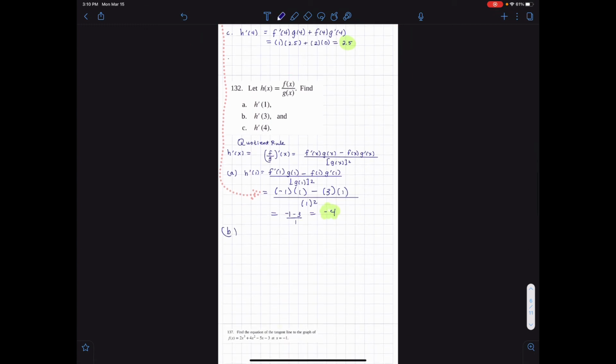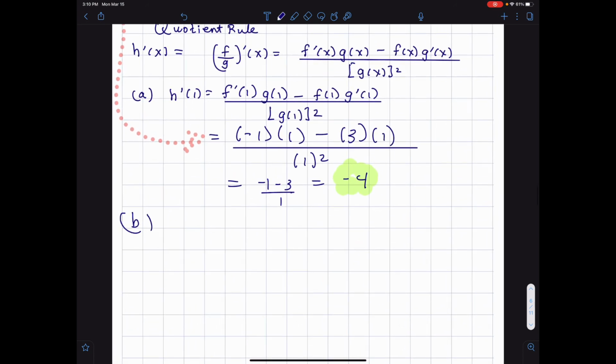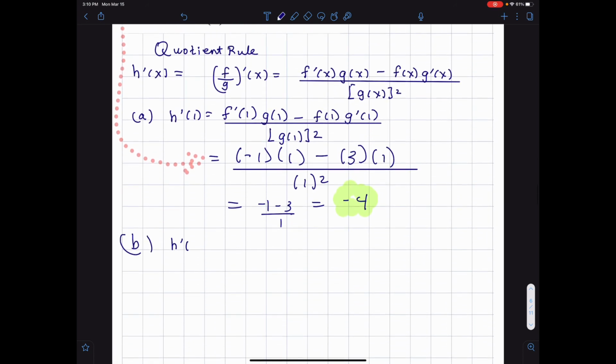B, we're taking this h prime formula and putting in 3. And I guess what's going to happen is I'm going to have the same problem as before, that the derivative at 3 of f is undefined.